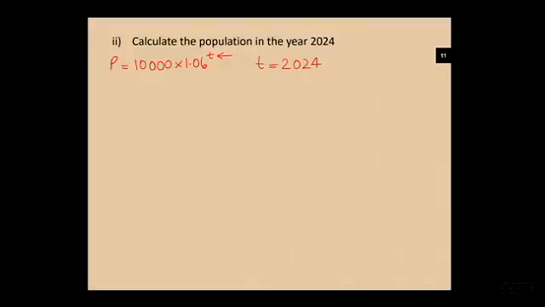But it wanted the number of years that have gone by since 2016. Any suggestions to how many years have gone by? 8 years have gone by. Now there's going to be a very different answer between people that put 8 in and the people that put 2024 in. Okay? So it's an 8 that I'm substituting.